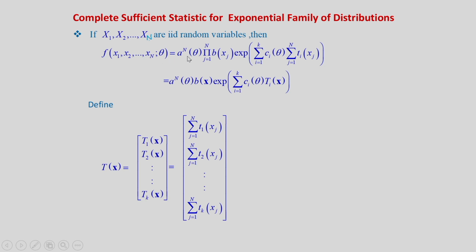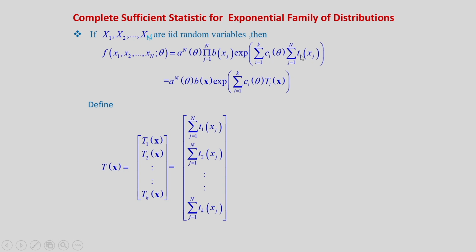That will be, because there are n terms now, a to the power n (theta) into the product of b(xj), j going from 1 to n, into exponential of the sum over i going from 1 to k of ci(theta) into the summation over j going from 1 to n of ti(xj).